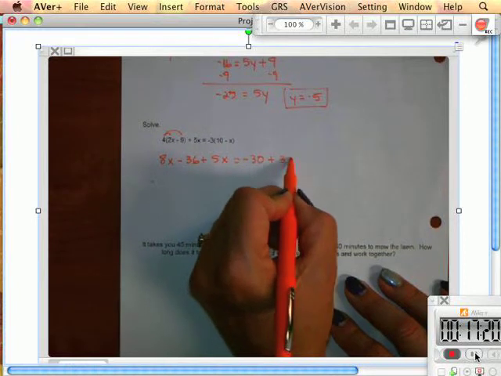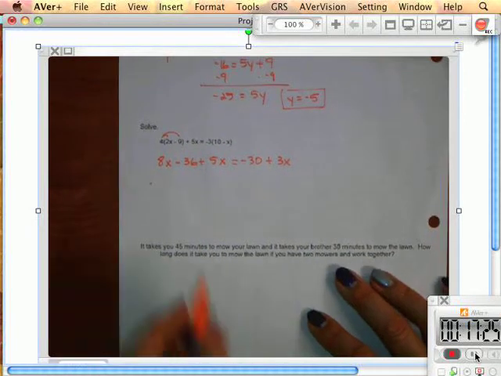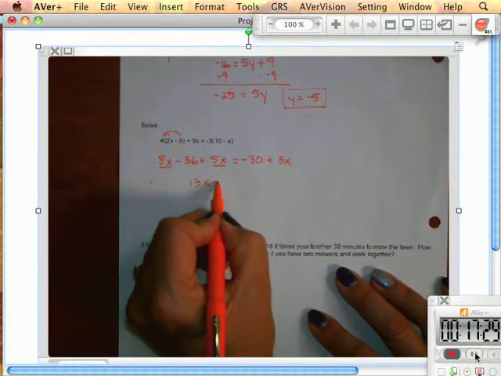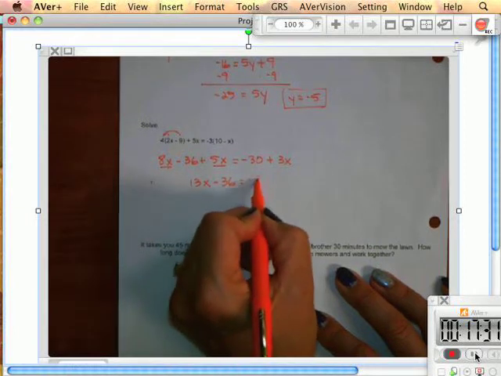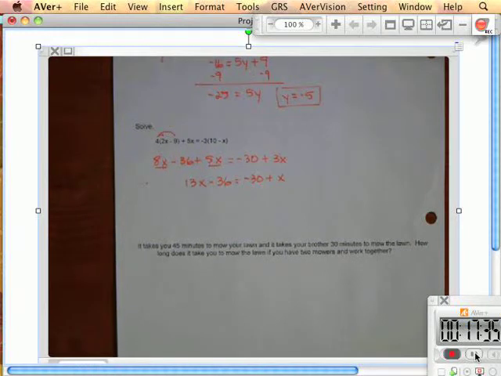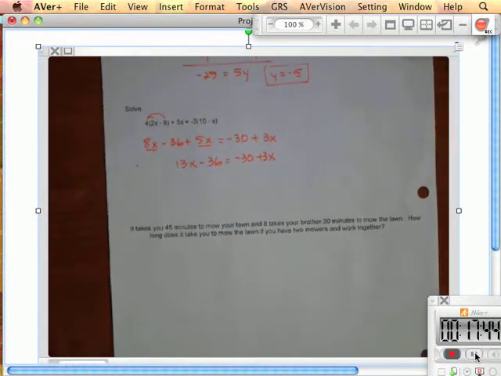You get that. Combine these two. And then you can choose what to do next. It doesn't matter. You'll end up with the same answer as long as you do the math correctly.